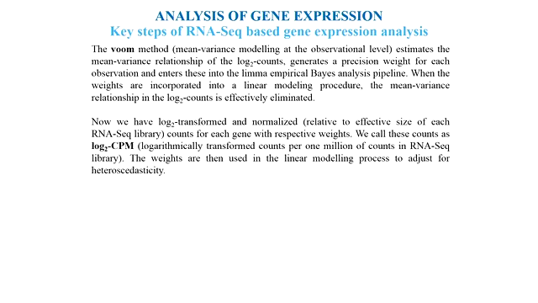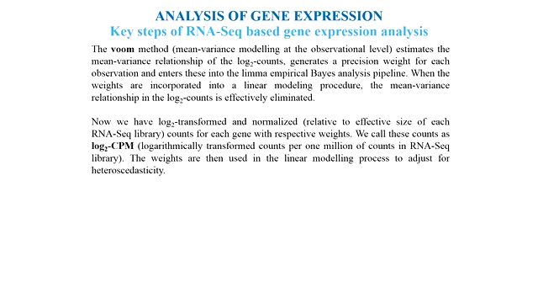When the weights are incorporated into a linear modeling procedure, the mean variance relationship in the log2 counts is effectively eliminated. You may find more detailed information on this method in the work of Law and colleagues, voom: precision weights unlock linear model analysis tools for RNA-seq read counts, published in 2014 in Genome Biology.